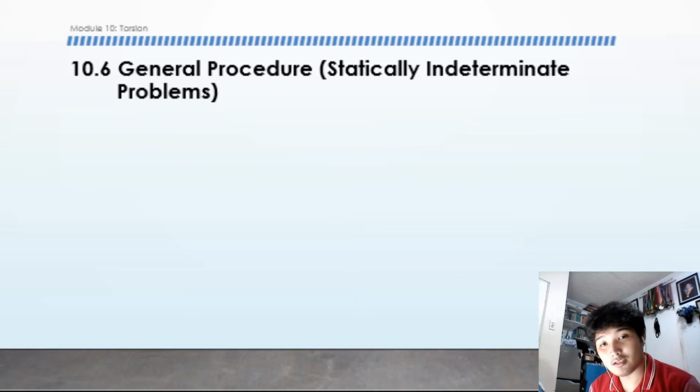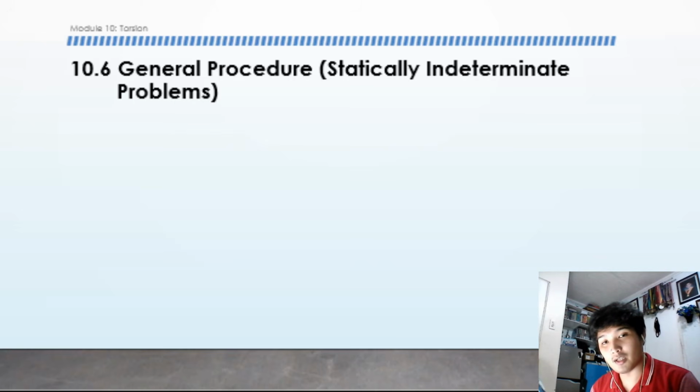And then, dito na tayo class, sa last slide muna natin para dun sa introductory topics under sa torsion and then yung presentation ng formula sa torsion. So, dito tayo sa general procedure. Kung marirecall mo class, doon sa axial deformation, meron din tayong tinatawag na statically indeterminate problem. Di ba, may mga times kasi na kaya mong ma-solve yung mga reaction using yung equations of equilibrium alone.